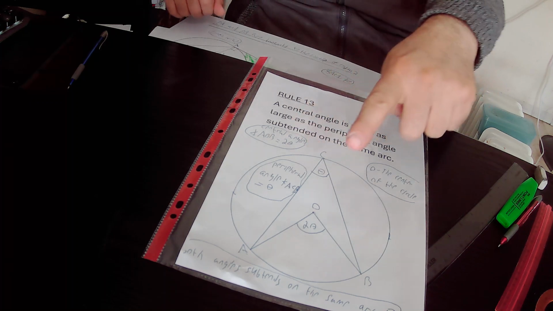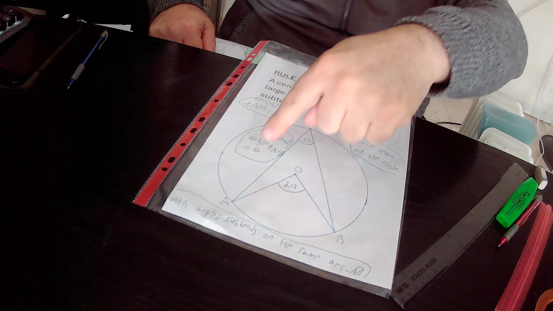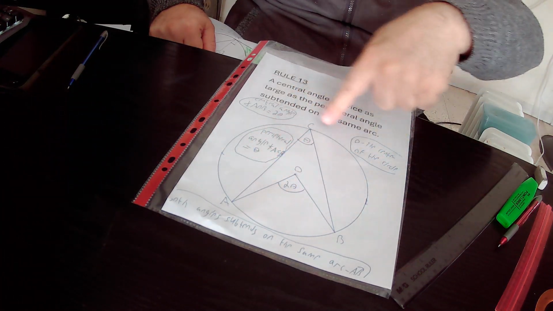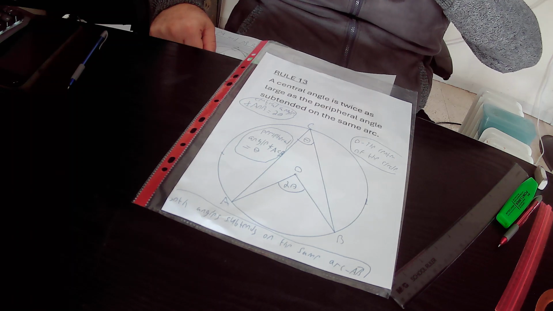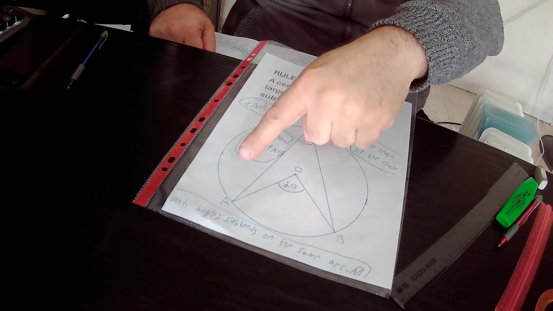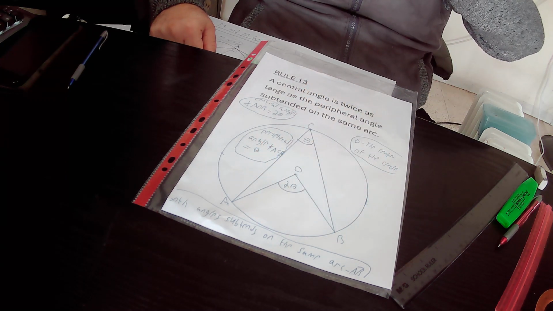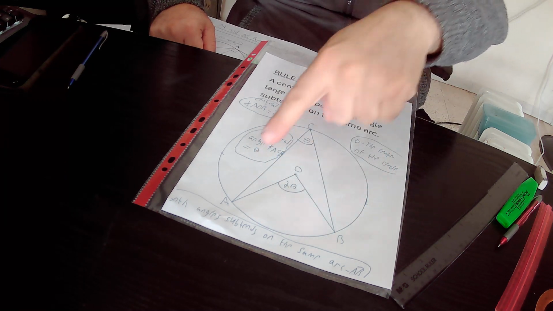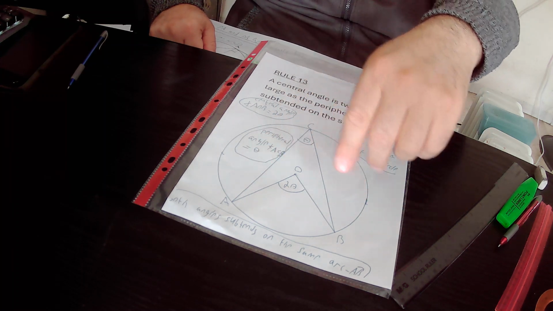Inside this circle we have the peripheral angle ACB. This is peripheral angle ACB, equal to theta, and it is subtended on arc AB. We also have the central angle AOB that is subtended on the same arc, arc AB.